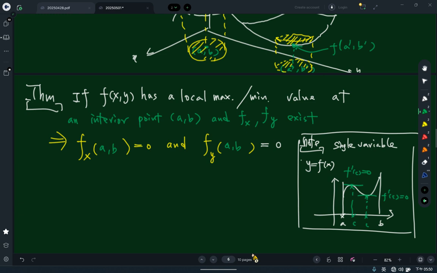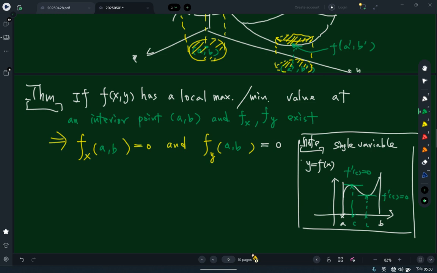But for an interior point, if they provide a local maximum or local minimum value, we always have its first derivative equal to 0. Horizontal line, right? Only a horizontal line, we can go up and down, or down and up, right? It is differentiable. So you just apply the similar concept to two variable functions.